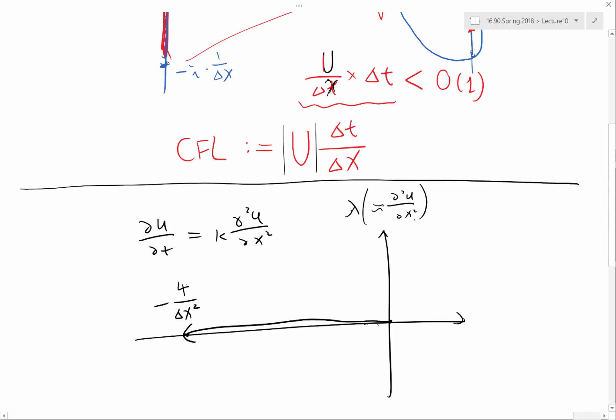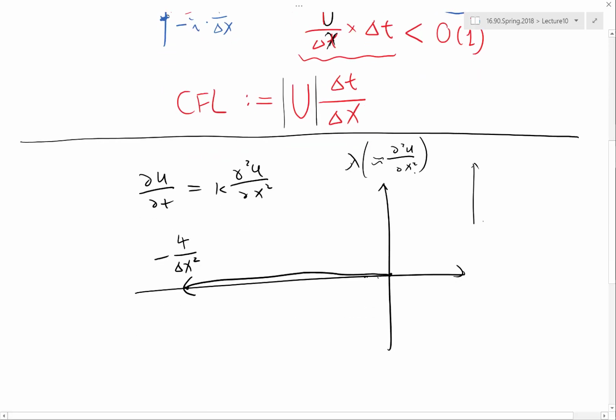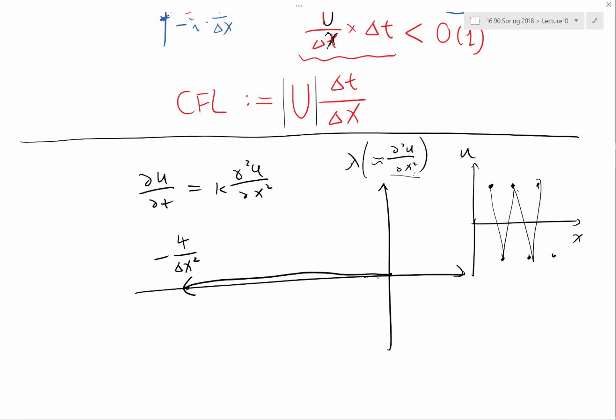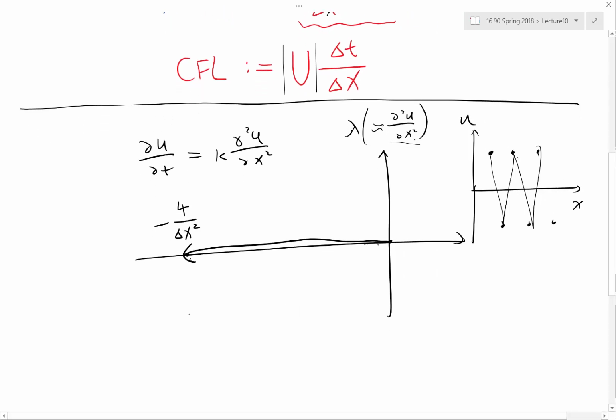The eigenmode being, if you have a u in x, if the solution is positive, negative, positive, negative, positive, negative, and you apply this finite difference operator, you actually get minus 4 over delta x squared multiplication. So that means if you use an explicit time integration scheme, my kappa times delta t over delta x squared has to be less than an order 1 number.